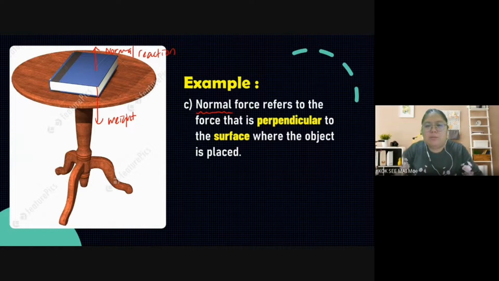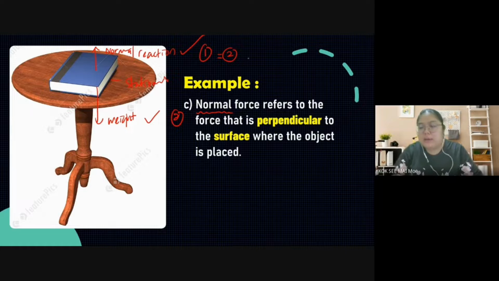Now when the object is stationary, the boat is stationary on the table, that means I got two forces acting on the boat. First one is the normal reaction, second one is the weight. These two forces must be equal. That's why the boat is balanced. The forces are balanced and it rests on the table.